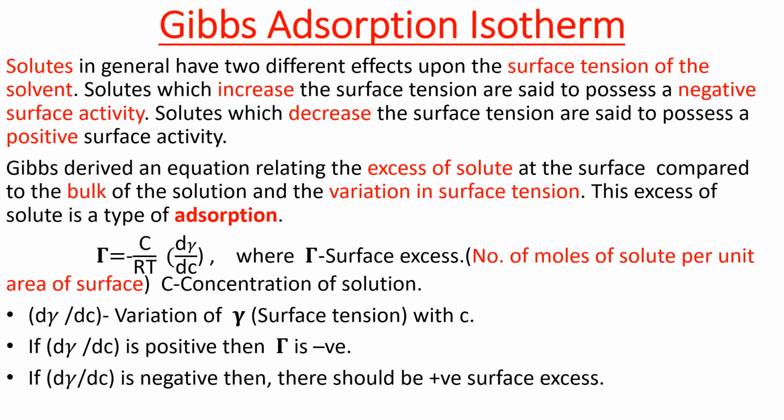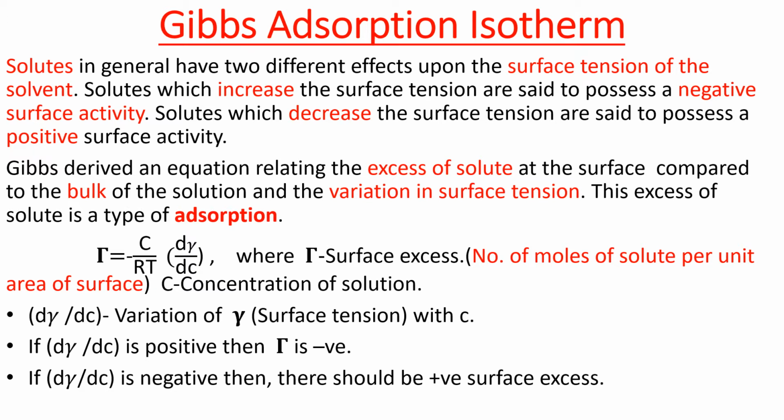If dγ by dC is positive, then surface excess is negative, because there is a minus symbol on the right hand side. So if dγ by dC is positive, negative into positive is negative, therefore surface excess is negative.